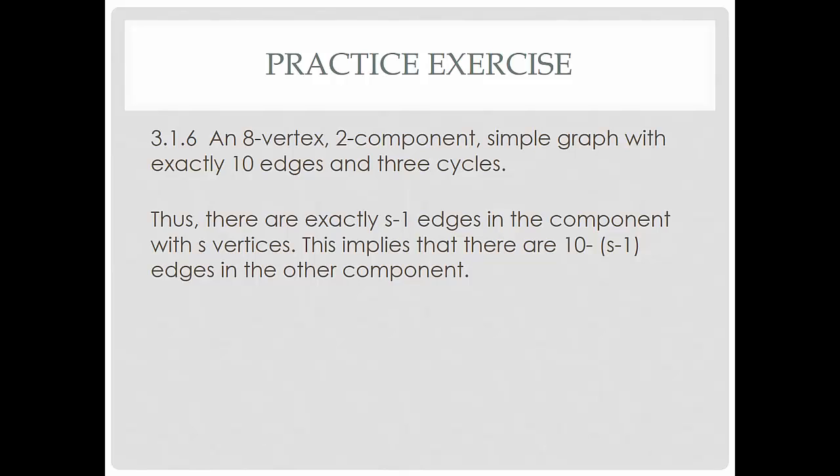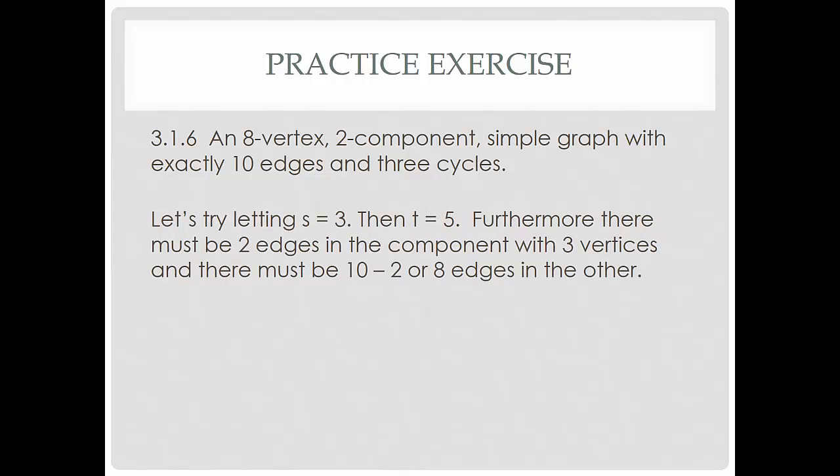So that tells us how many edges are in the other component, because we're told that we should have exactly 10 edges. So we would have 10 minus (S minus 1) edges in the other component. If we try an example and let S be equal to 3, then that means T is 5.